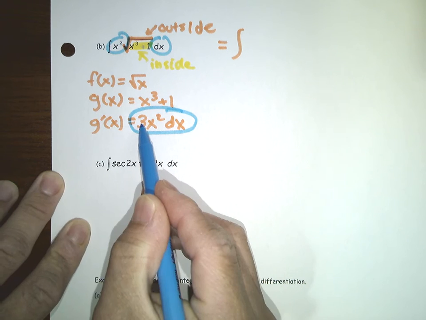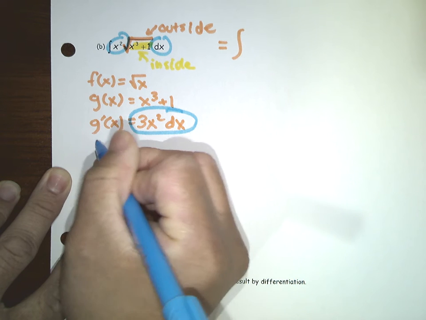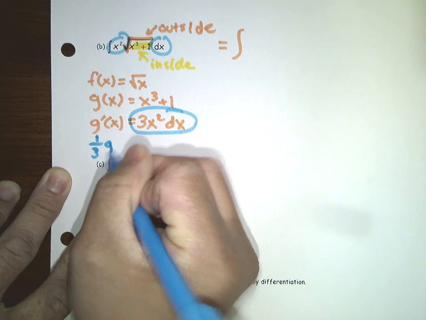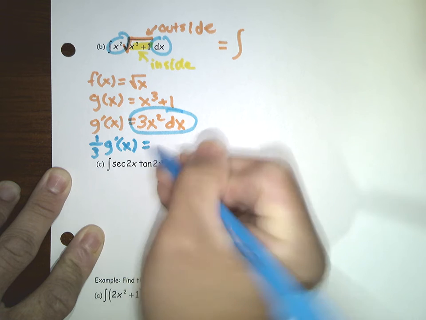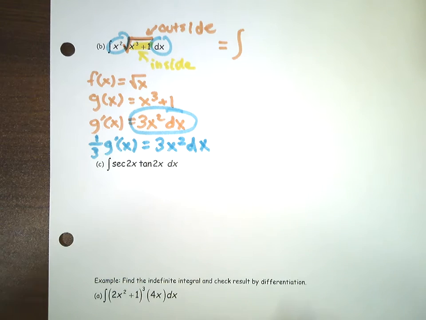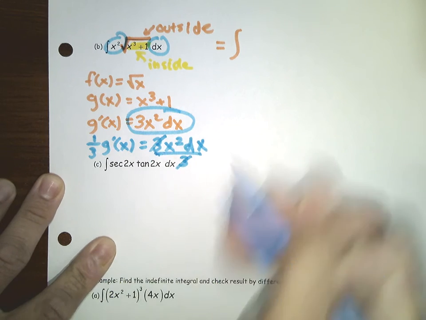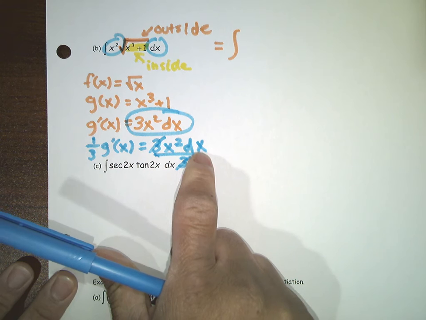So I'm going to divide by 3, or multiply by a third, so it's 1/3 g prime of x is 3x squared dx. Sorry, over 3, yeah. So then that just becomes x squared dx over here.